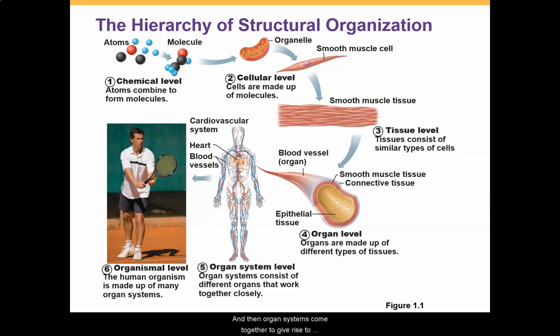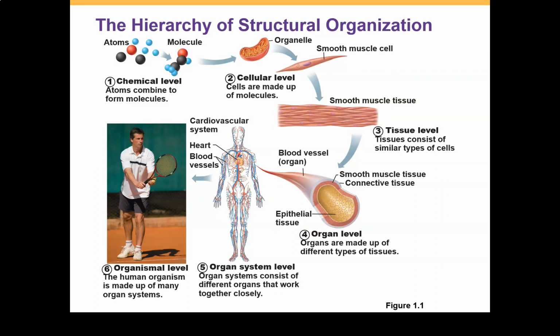And then organ systems come together to give rise to the next level of organization, which is the organism. And we have organ systems like, in this case, the cardiovascular system, digestive system, integumentary system, nervous system. Organ systems come together to give rise to the organism.